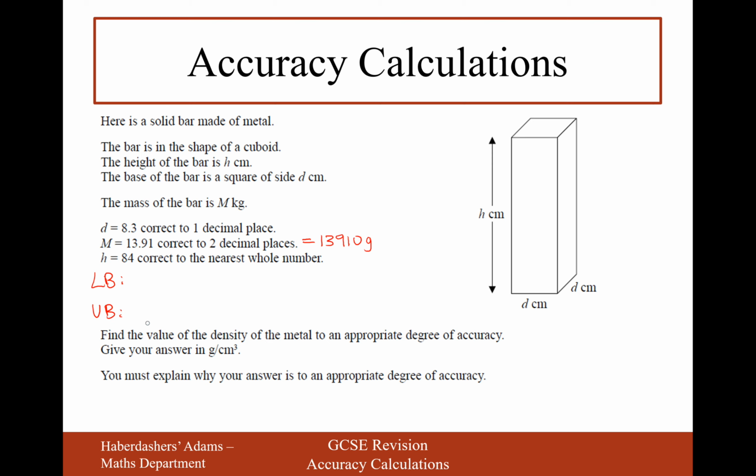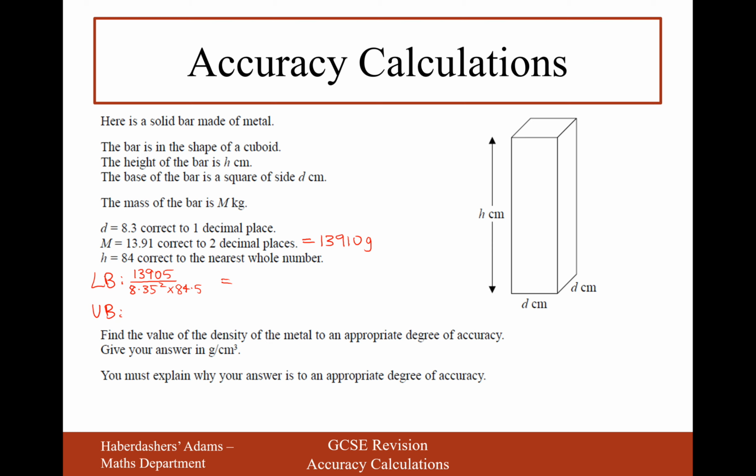So the lower bound's calculation for the density is going to be 13,905 divided by, and then we want to divide by as much as possible here, 8.35 squared times 84.5. So this bottom calculation here is the volume, and the top calculation here is the lower bound of the mass.